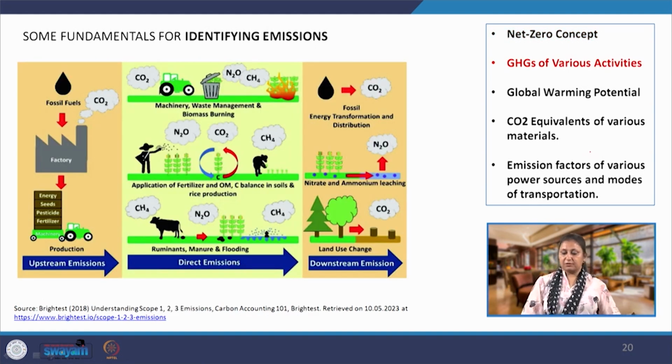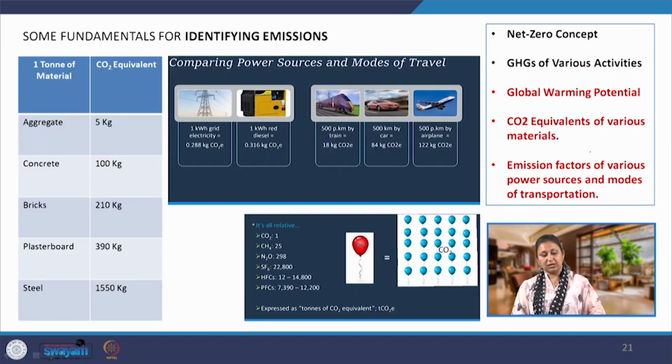And then we identify the greenhouse gas emissions of various activities, both upstream as well as downstream, and the direct emissions in between, identifying their global warming potential for the different materials and activities that are going to be used or performed. So, basically the choices that we have, as I have been mentioning, from a petroleum product based transportation fleet to an electric vehicle fleet.